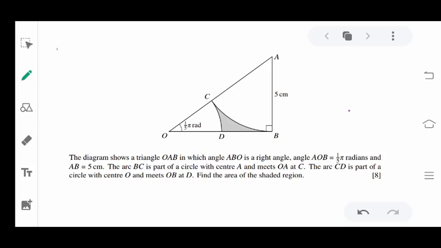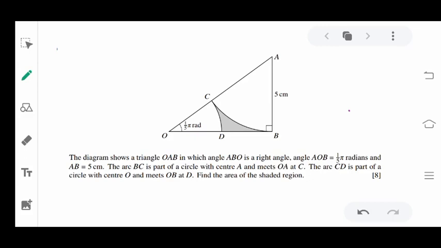Now this is a question from October-November 2018 paper 1-1. The diagram shows a triangle OAB in which angle ABO is a right angle and angle AOB is equal to 1 by 5 pi radians, and the side AB is 5 centimeter.